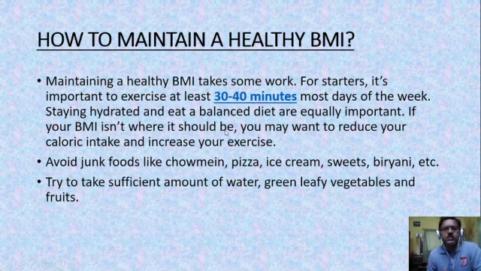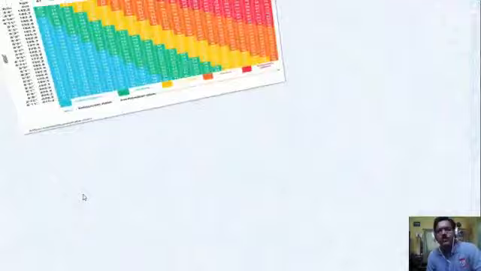If your BMI is not where it should be, you may want to reduce your caloric intake and increase your exercise. Must avoid junk foods like chow mein, pizza, ice cream, sweets, biryani, etc. Because many of us have a tendency to flock in front of a snacks bar, and then finally we start eating this, which is not healthy. Try to take a sufficient amount of water, green leafy vegetables and fruits, which will finally be fruitful for your BMI.